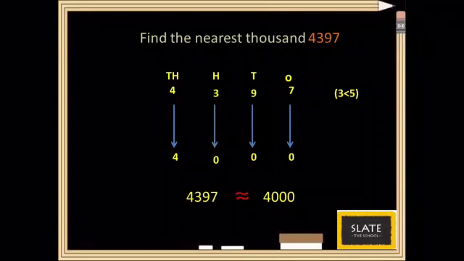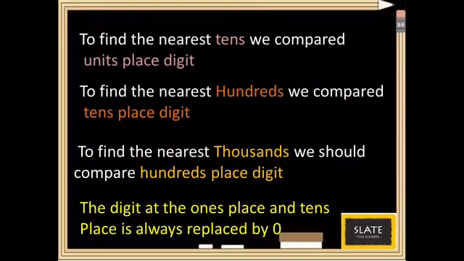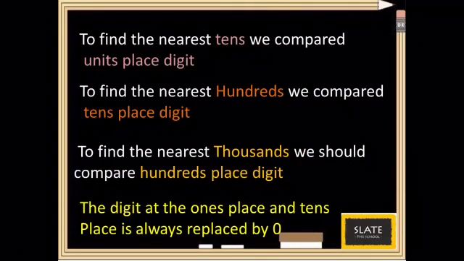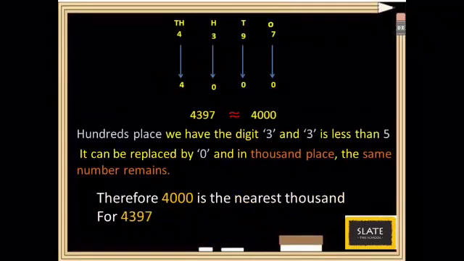Find the nearest thousands for 4397. To find the nearest tens, we compared the units place digit, and to find the nearest hundreds, we compared the tens place digit. Now to find the nearest thousand, we should compare the hundreds place digit. The digits at the ones place and tens place are always replaced by 0.